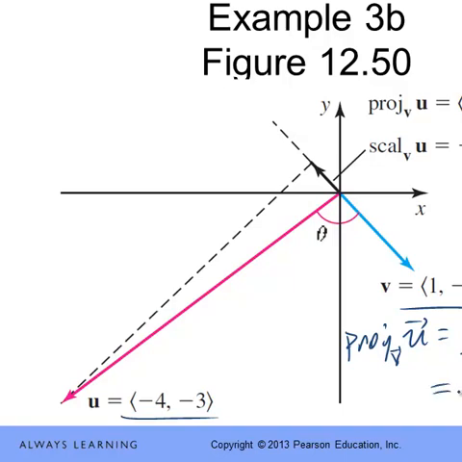U dot v is what? -4 times 1 plus 3, so -4 plus 3 is -1, over v dot v. Well, the magnitude of v is going to be square root of 2, and squared that is 2. And then times vector v. So we're talking about -1/2 times vector v. And that's the projection of u onto v. So there's your projection right there.